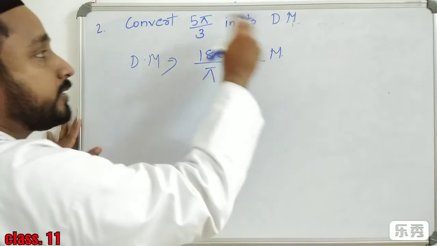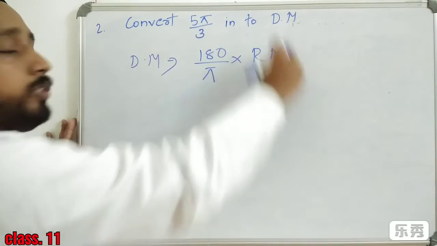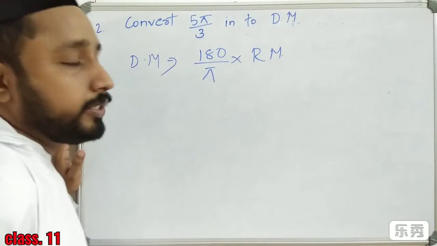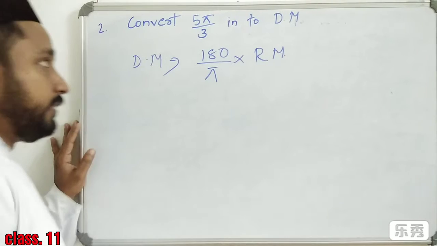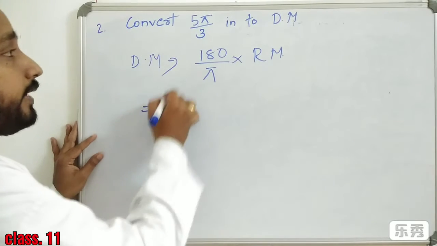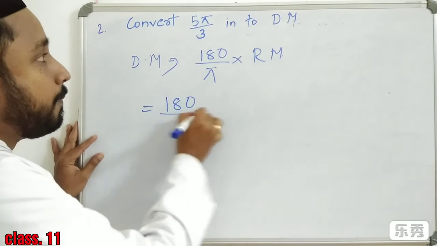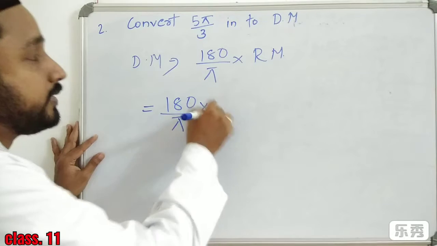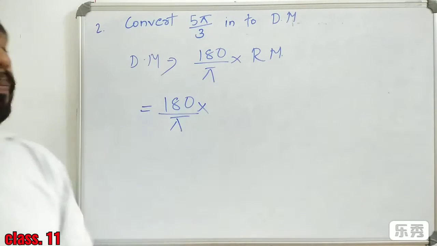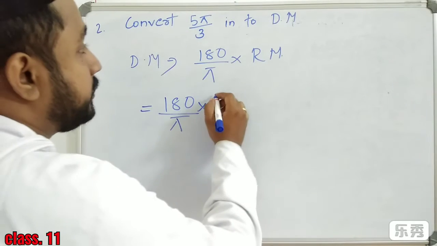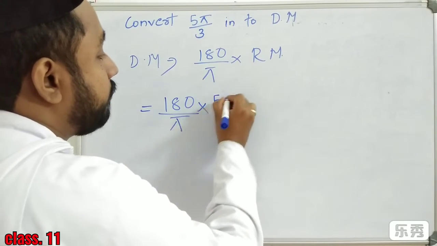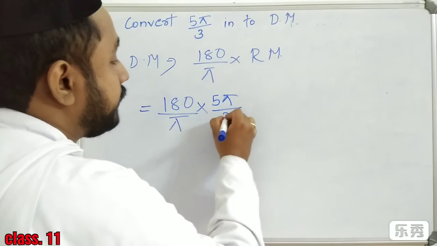That is our formula for changing radian measure into degree measure. The radian measure given here is 5 pi by 3, so instead of radian measure we write 5 pi by 3.